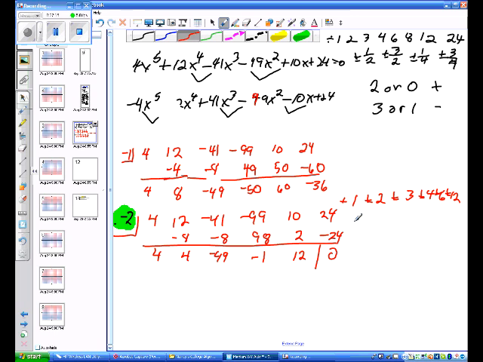Now we would still have the 1/2, the 3/2, the 1/4, and the 3/4. So we still have those to try. Now we found one. We could try to find the positive, or we can try to find another negative. I'm going to go ahead and look for another negative. So I'm going to try negative 3.